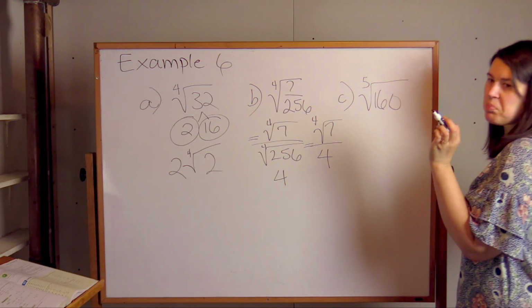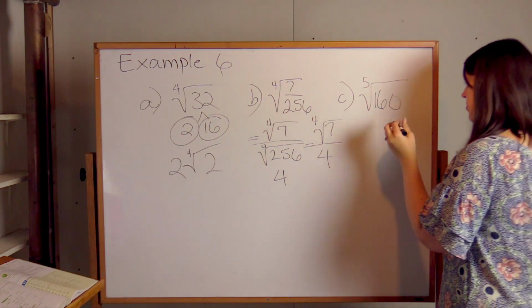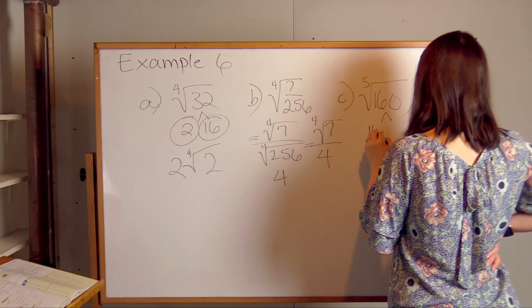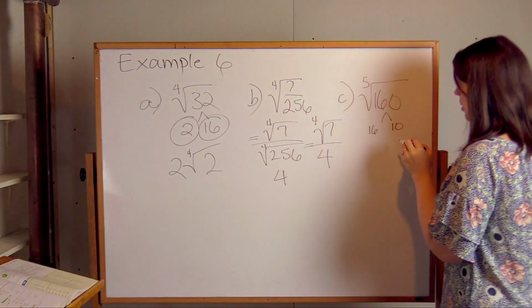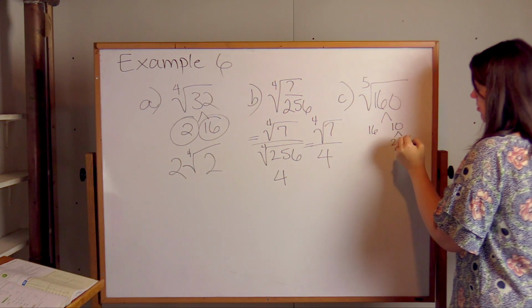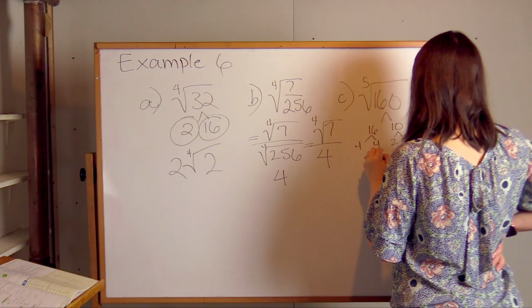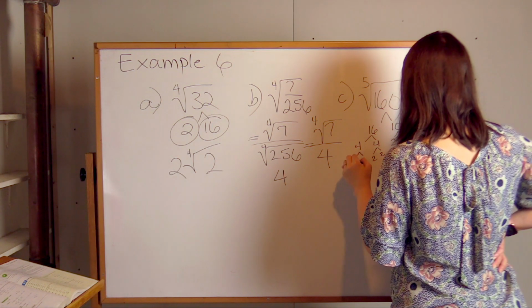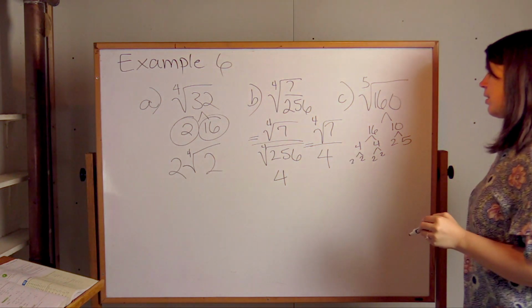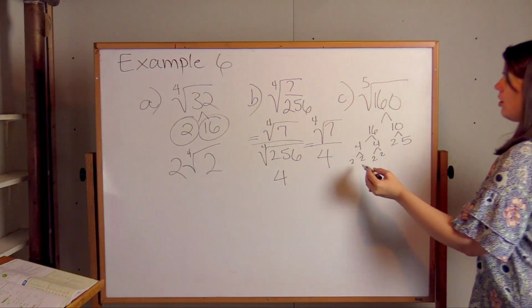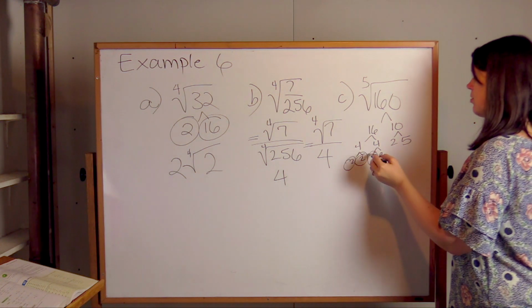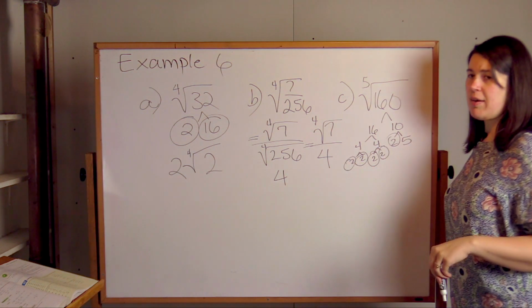All right, on the fifth root of 160, we're just going to start breaking stuff up. I know that it equals 16 times 10. 10 is 2 times 5. 16 is 4 and 4, which is 2 and 2. And look there, we have 1, 2, 3, 4, 5 twos.